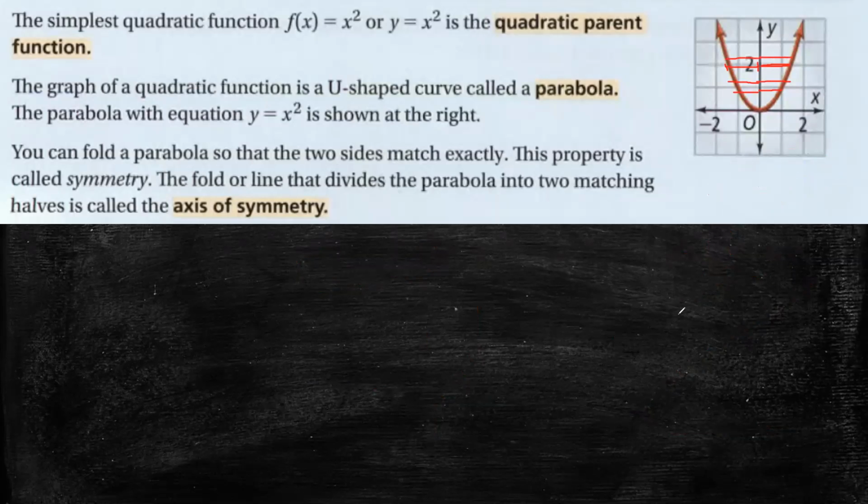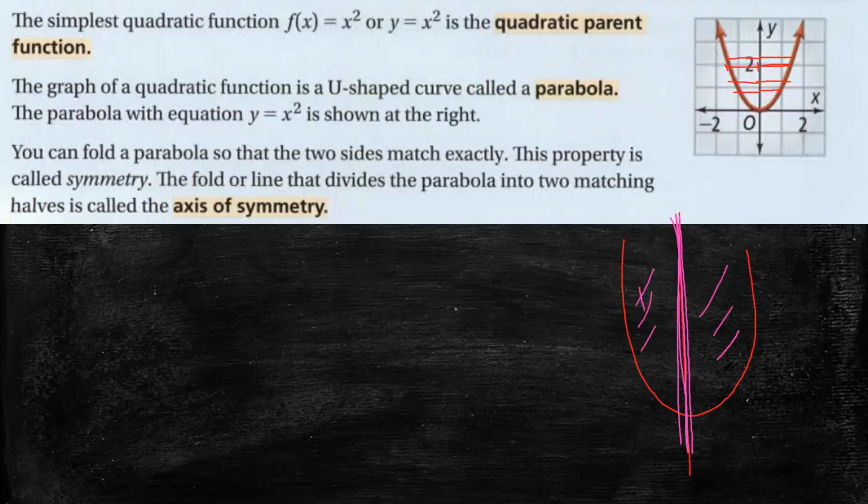You mean like if you have this U shape and you have this pink line here, does it cut the U shape into two equal halves? Yes, miss. Yes, teacher.